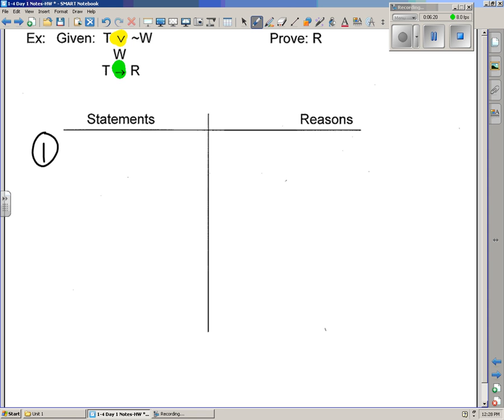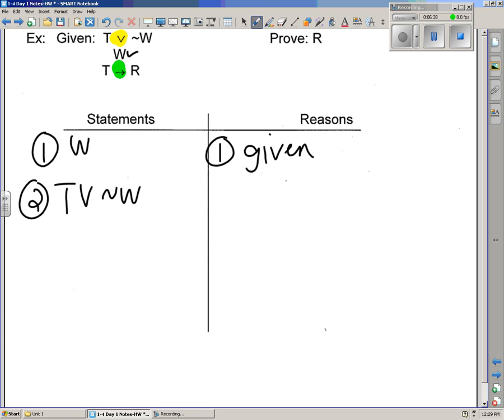So I know that W is true as a statement, and I know it's true because it was given to me. Done. Used it. Well, what relates to the W? What relates is going to be the disjunction. I also know that T or not W is true. Why do you know that? Because it was given to you.